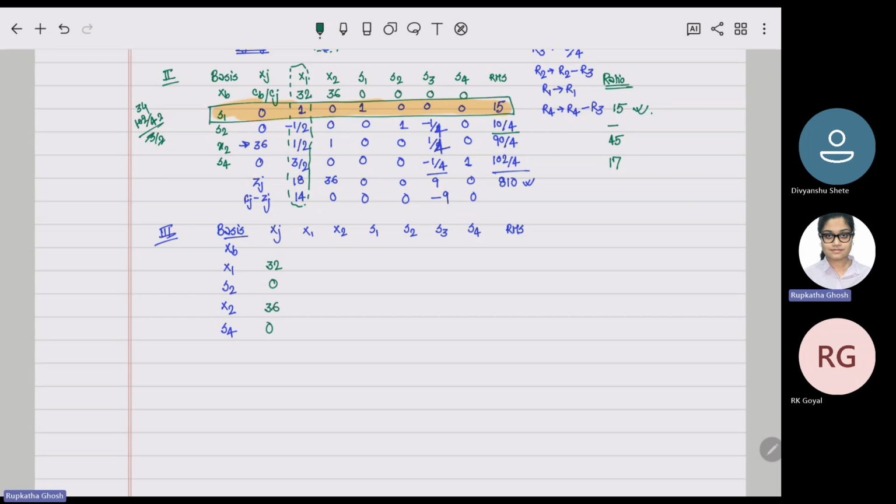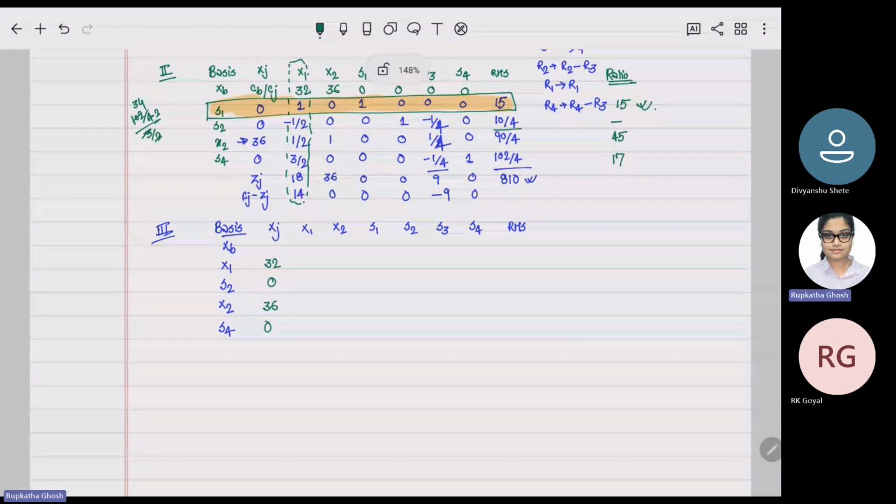Okay. Now see, now this thing has to look like this. Okay. So what are the changes that we do? So first thing first, the first one stays the same because R1, you don't have to make any change. It's anyway 1. So this is 1, 0, 1, 0, 0, 0, 50.